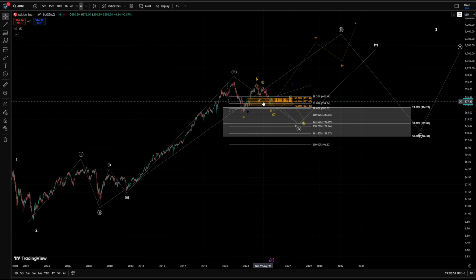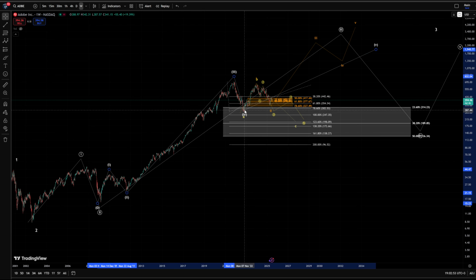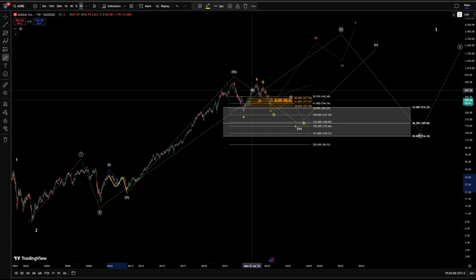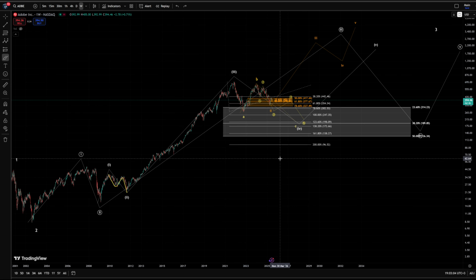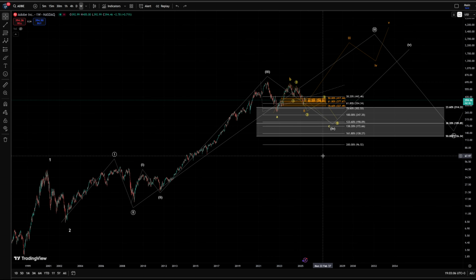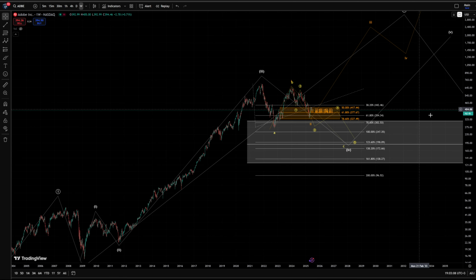And of course, it's possible that the fourth wave has already finished here in this correction, but due to the proportions of the second wave here, I am more in favor of the yellow count, in which we are still forming the wave C to the downside in yellow.